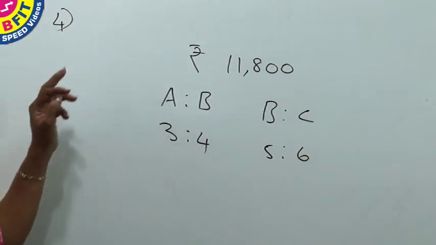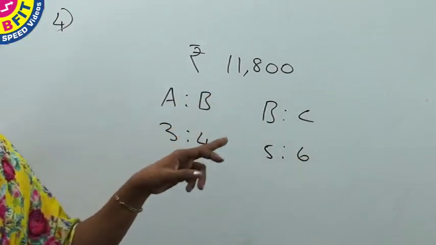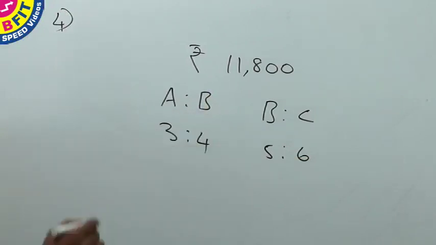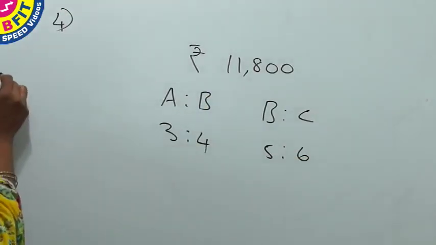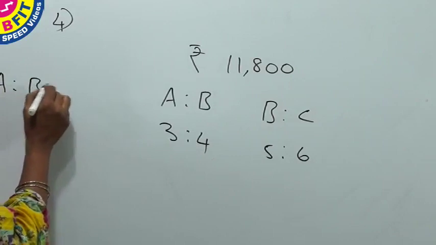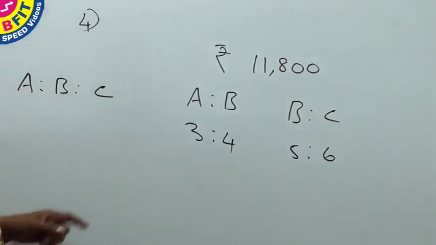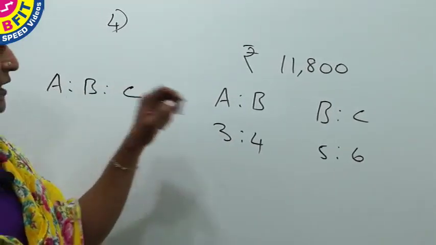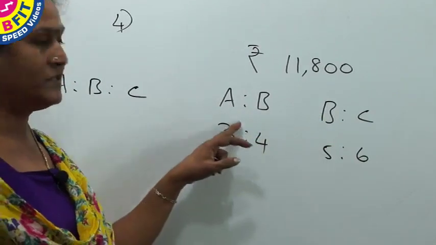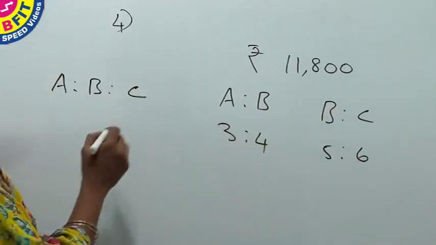So this amount has to be shared between A, B and C. So combine this to form a single ratio, A:B:C. The first one ends with B and the other one starts with B, so it is in continued ratio.